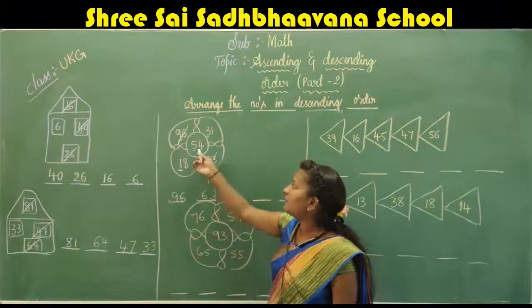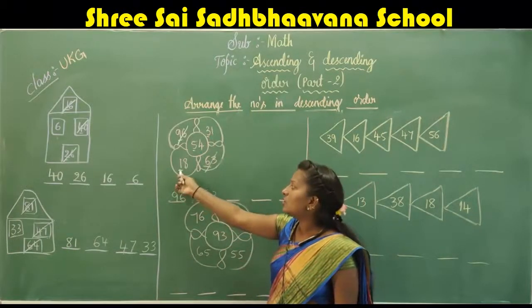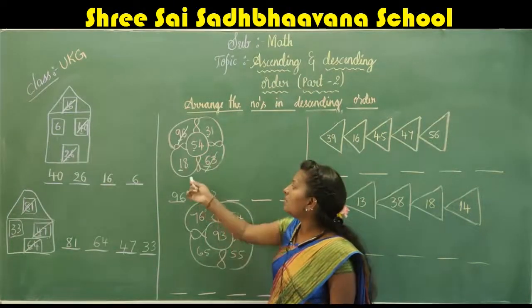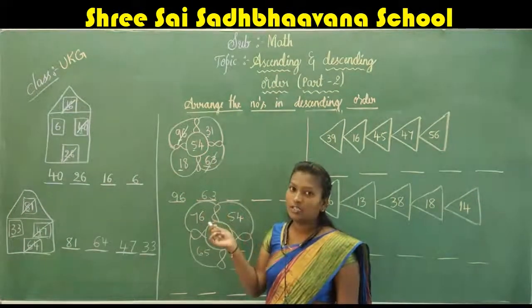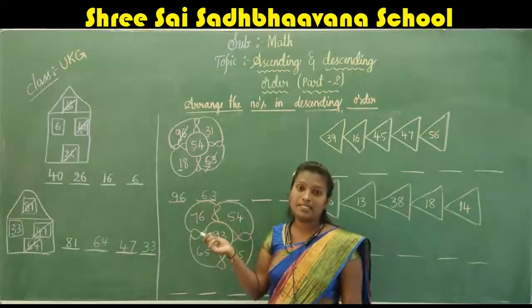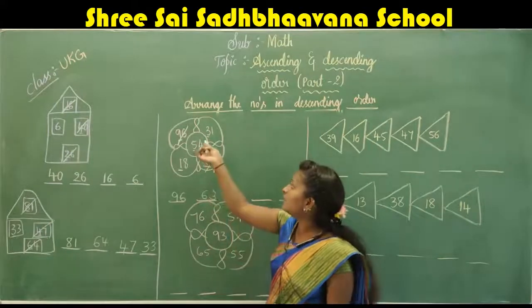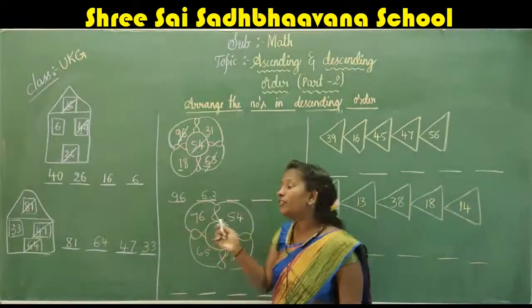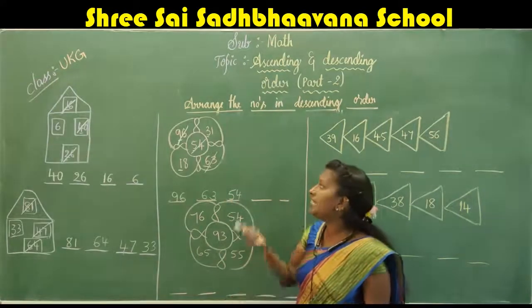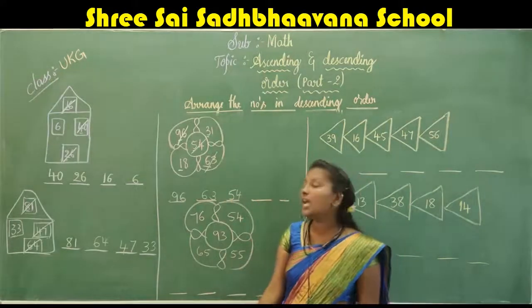Next, 18, 54 and 31. So 1, 5, 3. 5 is bigger than 1 and 3. So 54 is the biggest number, and we cancel 54. We write 54 in the third place because it is bigger than 18 and 31.